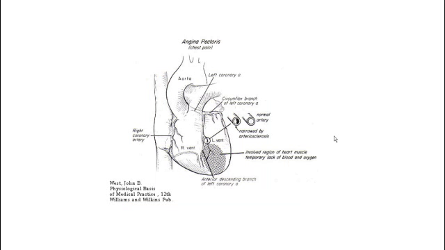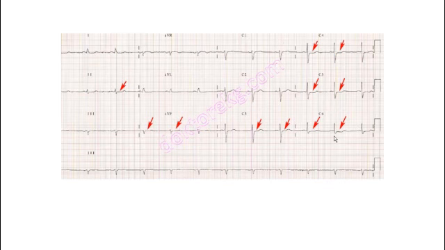This is just another picture, a little bit more of a rendering, showing an area which is experiencing a temporary block. Here's the EKG of angina, and if you remember, here's our P, QRS, and then here's our T wave, and that ST segment is a little bit depressed.